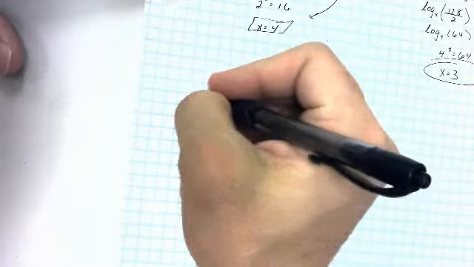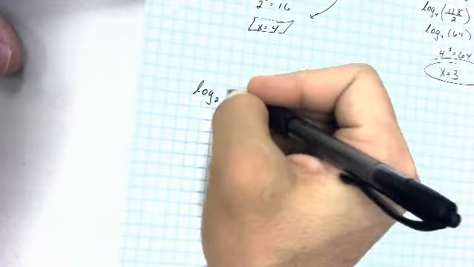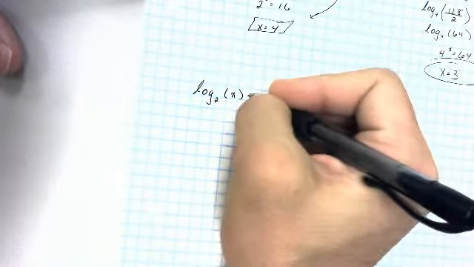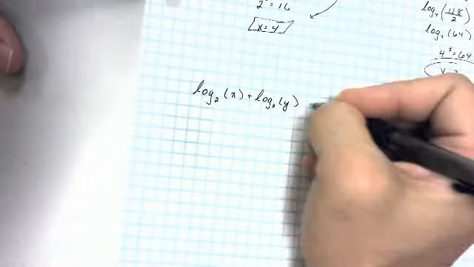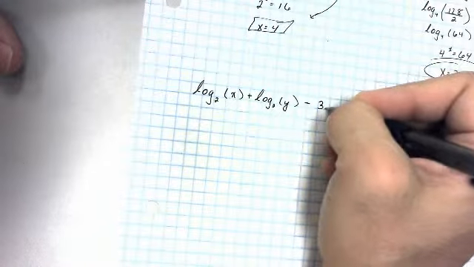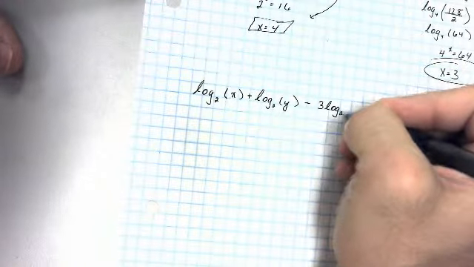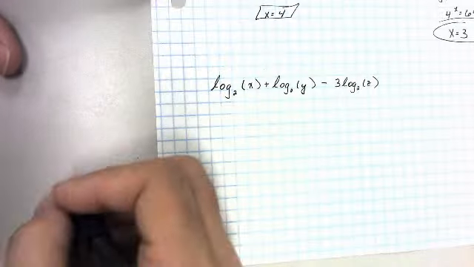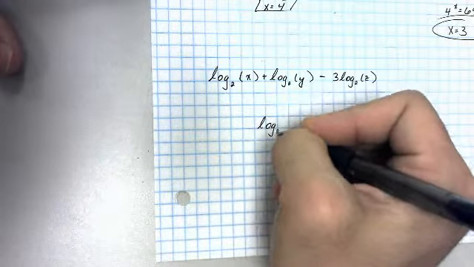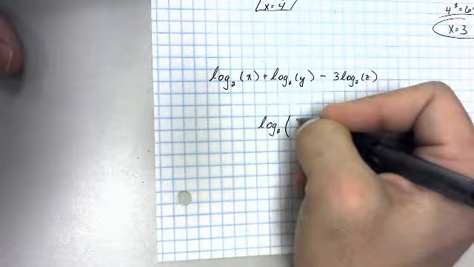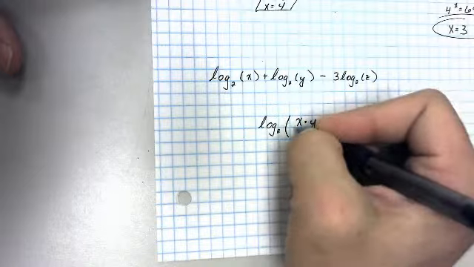I could even take an expression, so log base 2 of x plus log base 2 of y minus 3 log base 2 of z, and I could take that expression and write it as a single log. So I could write it as log base 2 of x times y over z cubed.